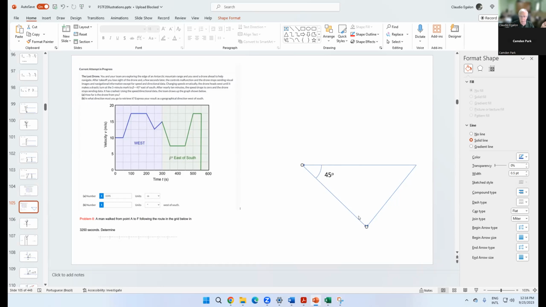I do not know if this angle is going to be 90 degrees. We will find out whether it's 90 degrees or not, right?